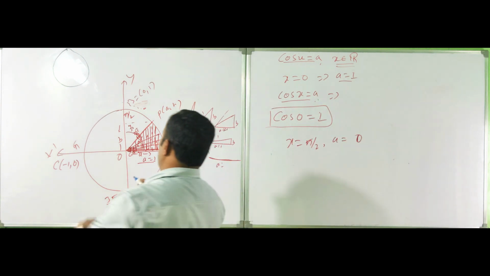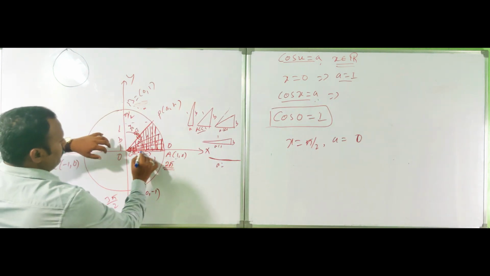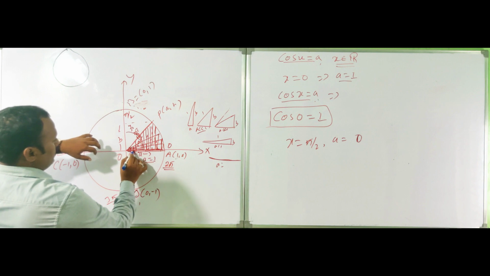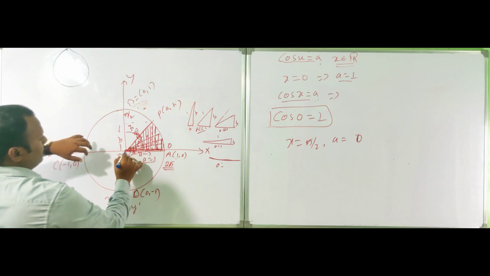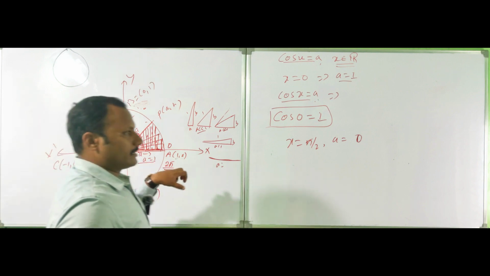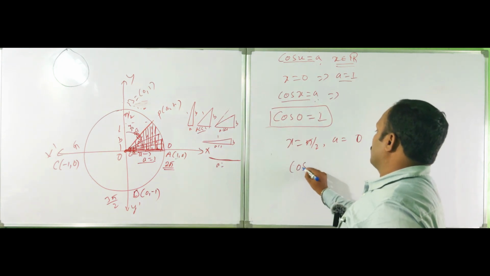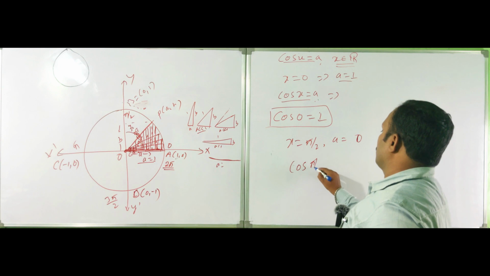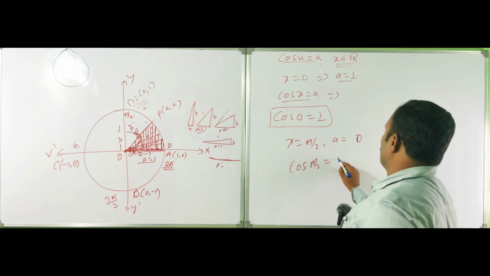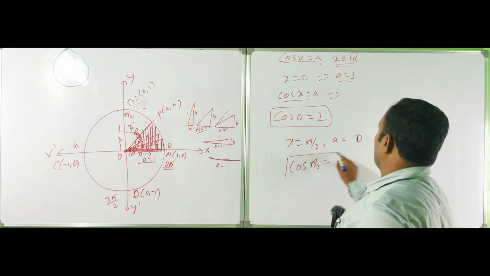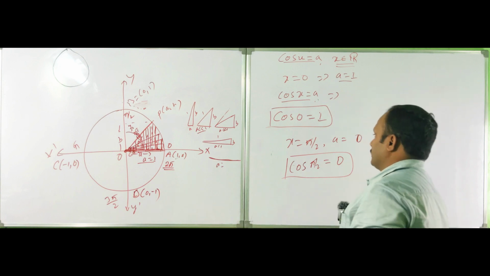At pi by 2, this A points to 0. Therefore, cos pi by 2 is equal to 0. Very important. How to define?